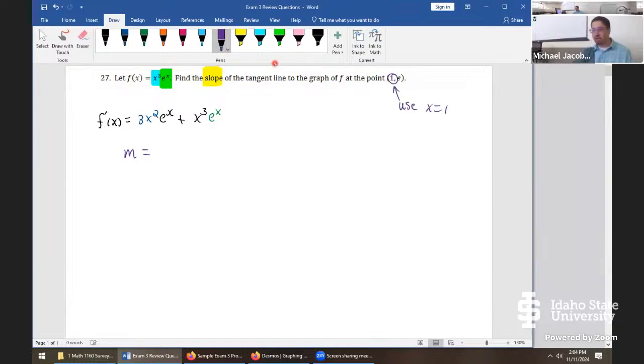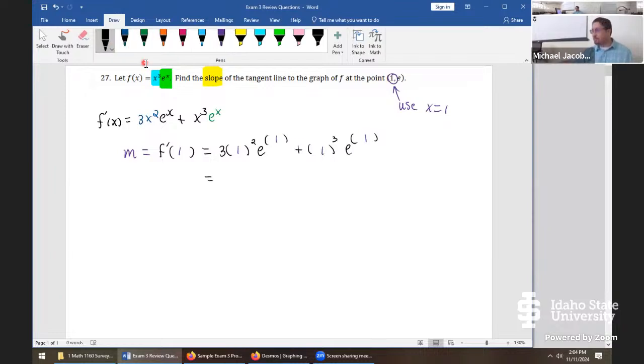Use x equals 1. We throw x equals 1 inside the first derivative we calculated. So it'll turn into 3x squared e to the x plus x cubed e to the x. And inside all of those blanks, we're just throwing in a 1.